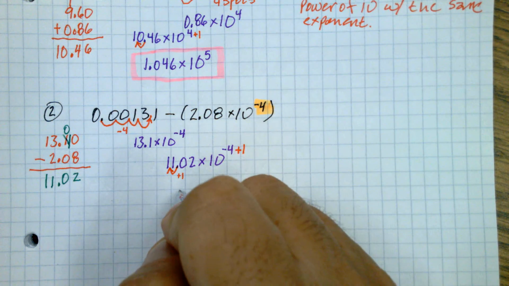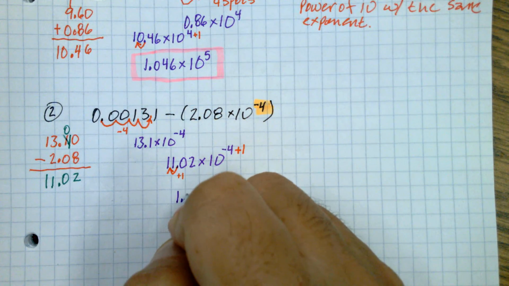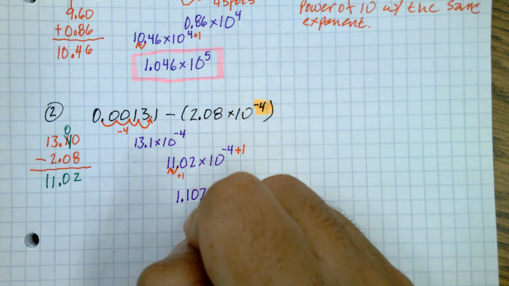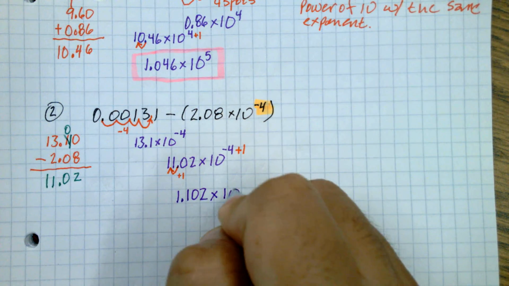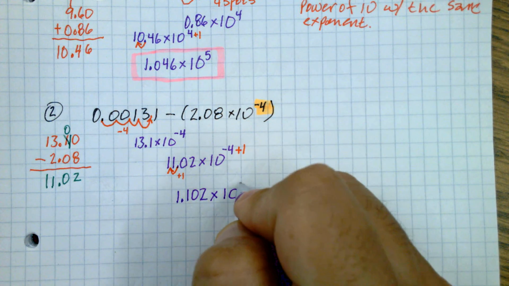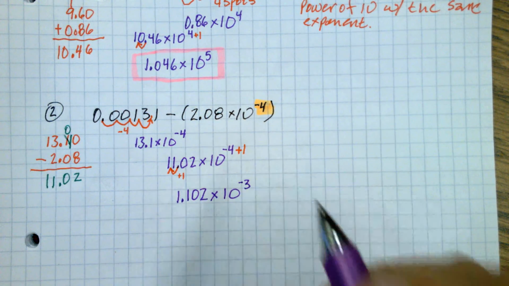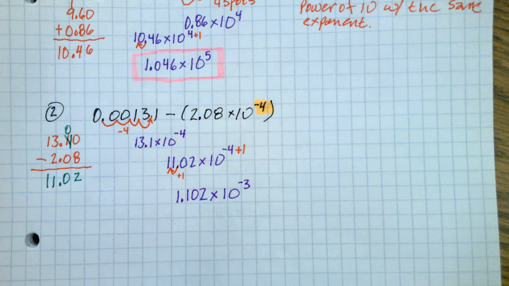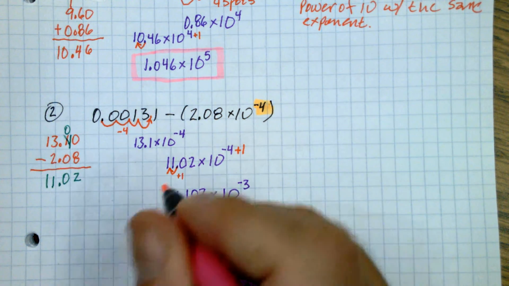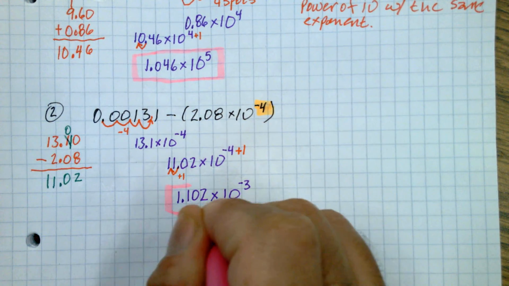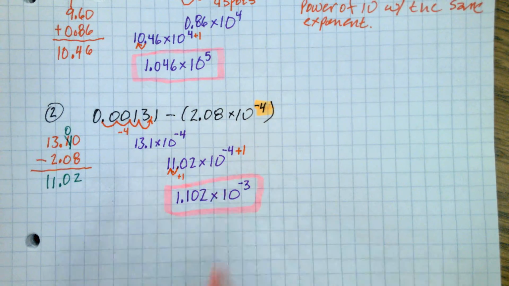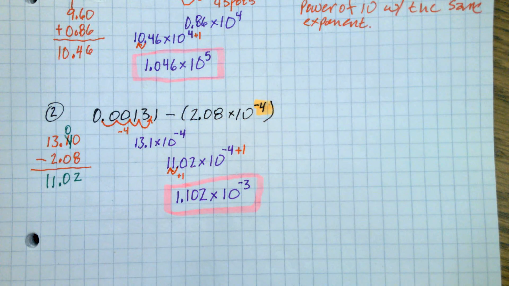Negative 3. Thank you. 1.102 times 10 to the negative 3. Any questions? All right. One last thing and then we're done.